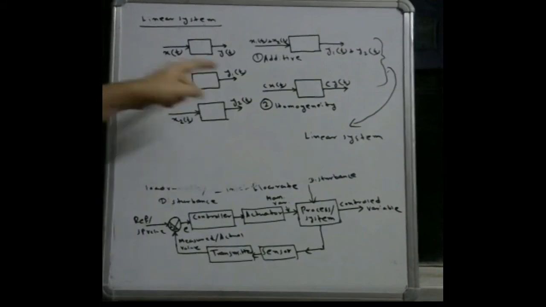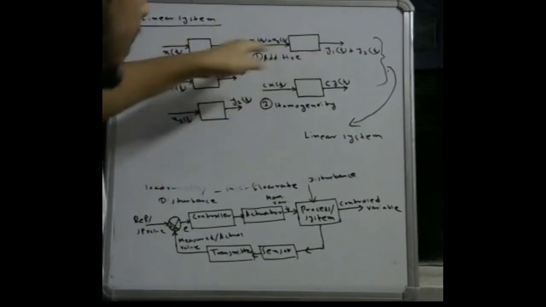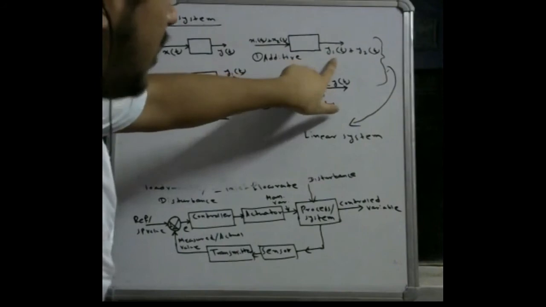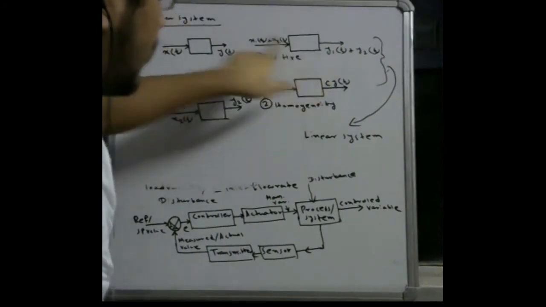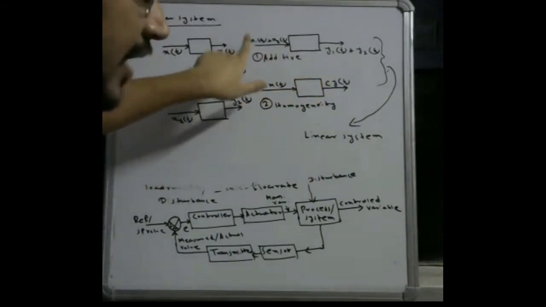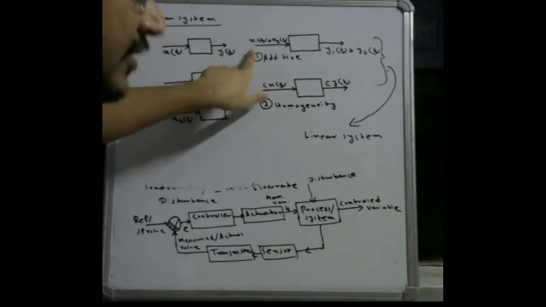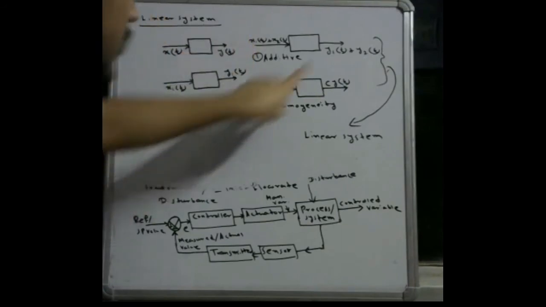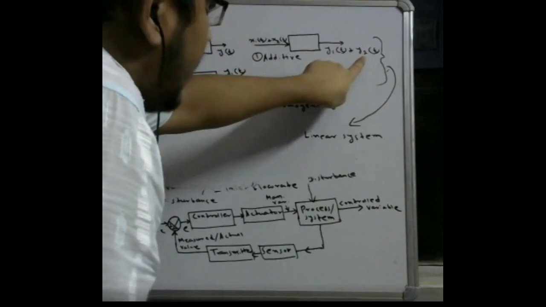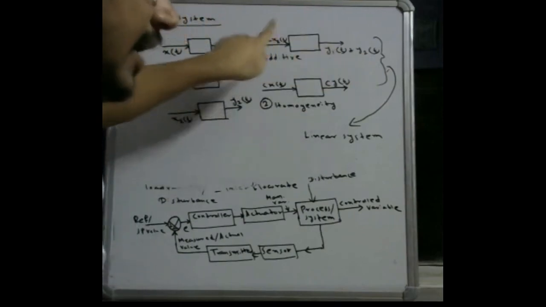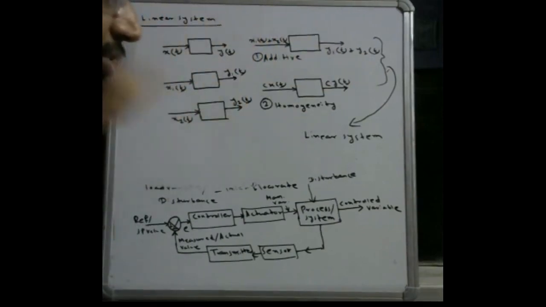Okay, the same thing is happening in this case. y1 is the effect of the cause x1 when x1 is applied individually. y2 is the effect of x2 when x2 is applied individually.